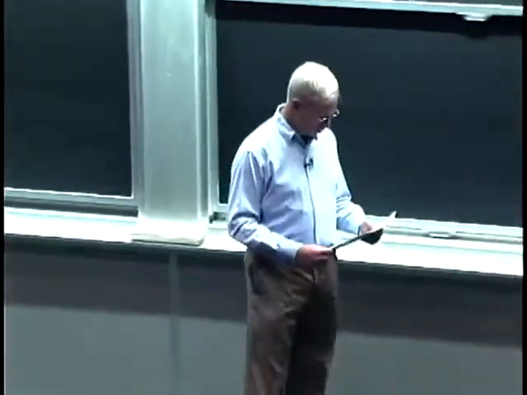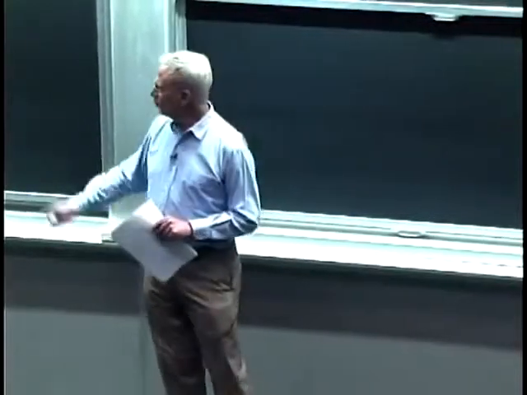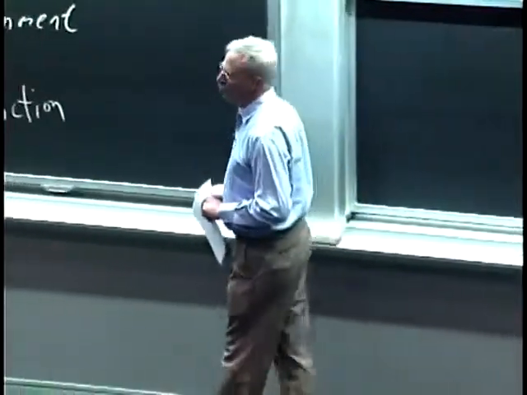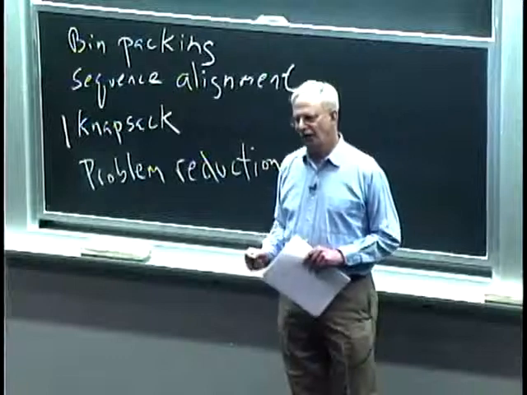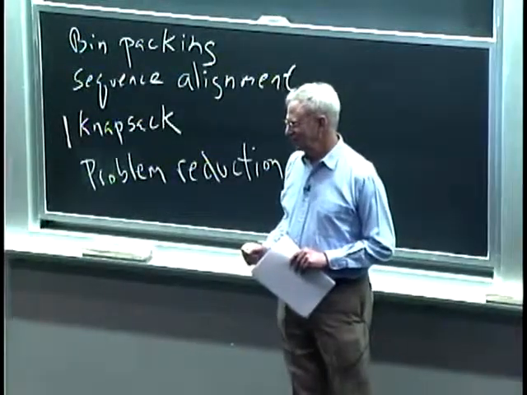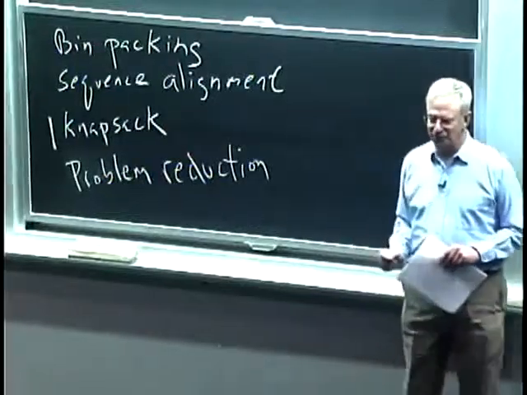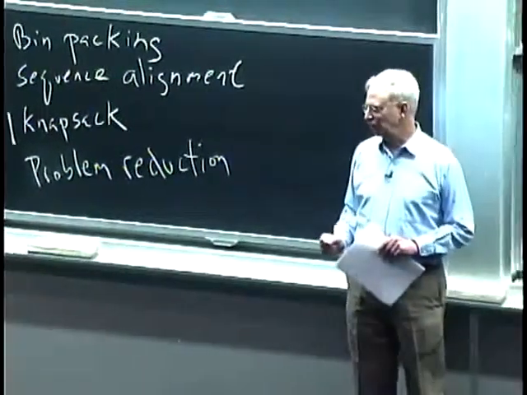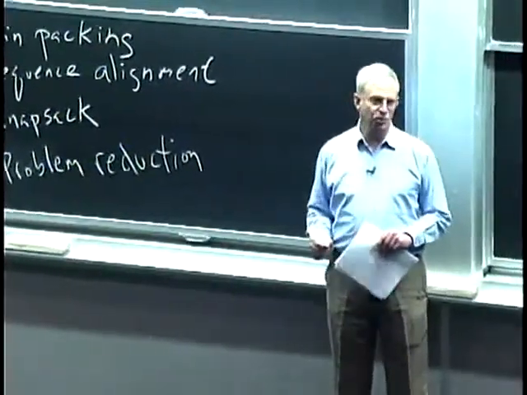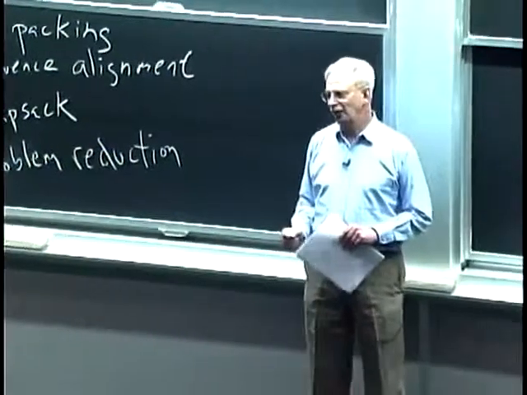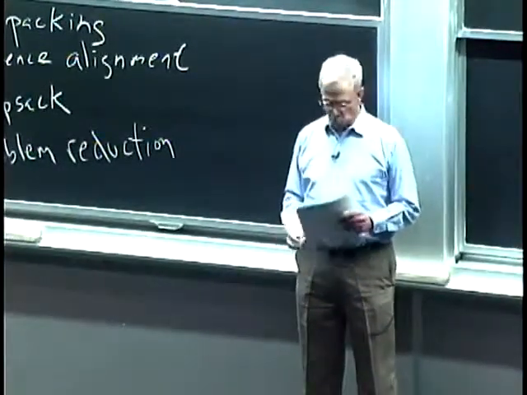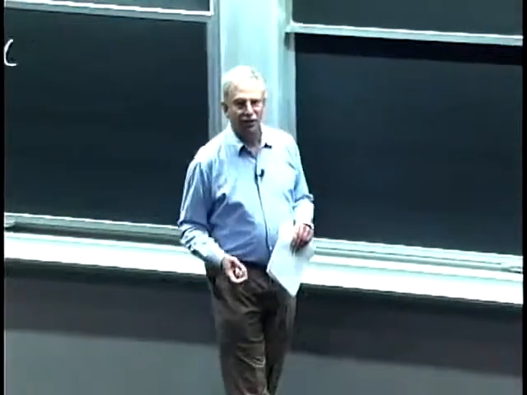Let's see, where do I want to start? Oh, yes, okay. So far, we've been looking at problems that have pretty fast solutions. Most optimization problems do not have fast solutions. That is to say, when you're dealing with a large set of things, it takes a while to get the right answer.